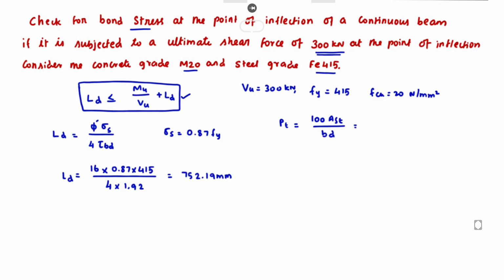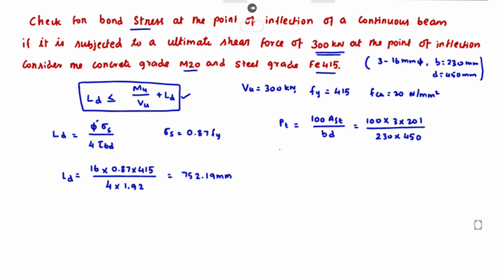Ast is 3 into 201, that is 3 bars of 16 mm diameter, divided by b equal to 230 into d equal to 450. So these are the given values: 3 numbers of 16 mm diameter bars, b is 230 and d is 450 mm. We missed mentioning them in the problem itself.